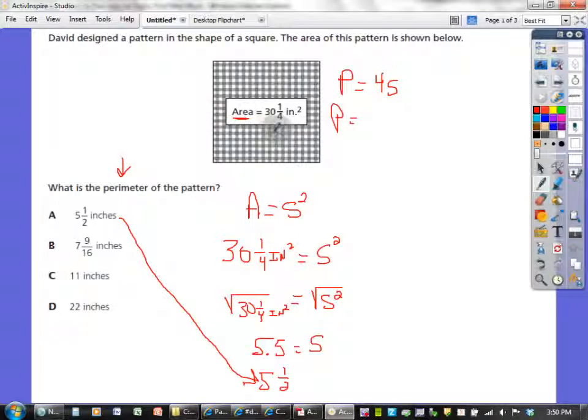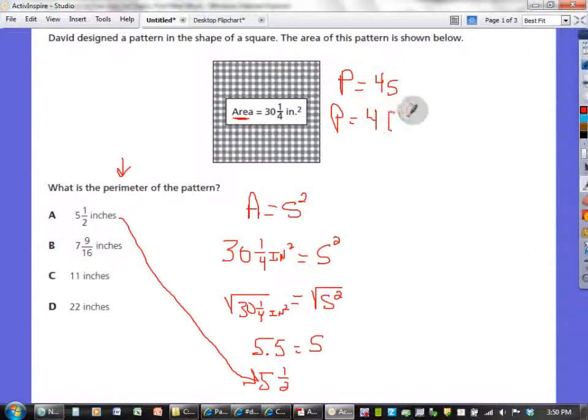You can add 5.5 four times, or we can simply say 4 times 5.5 to get the perimeter, which equals 22 inches. So the best answer in this case is letter D, 22 inches.